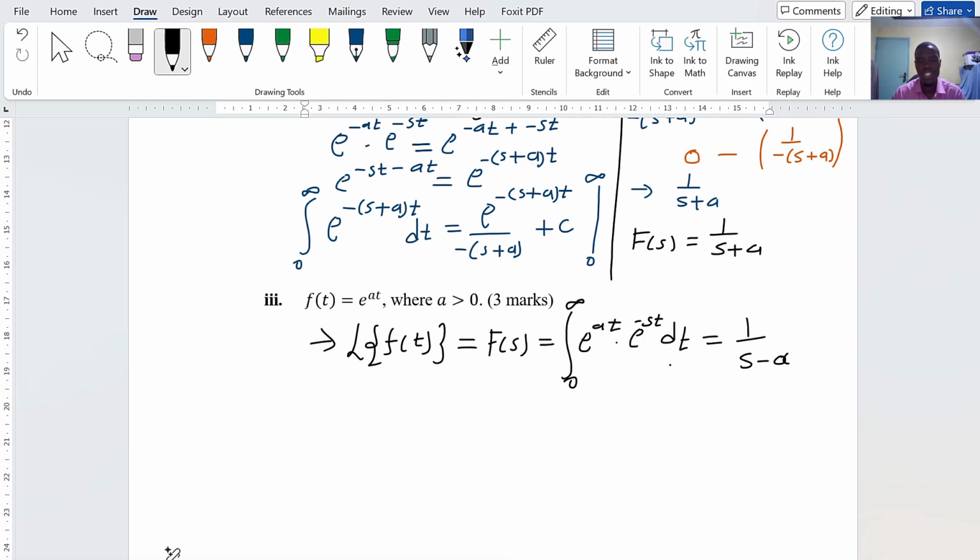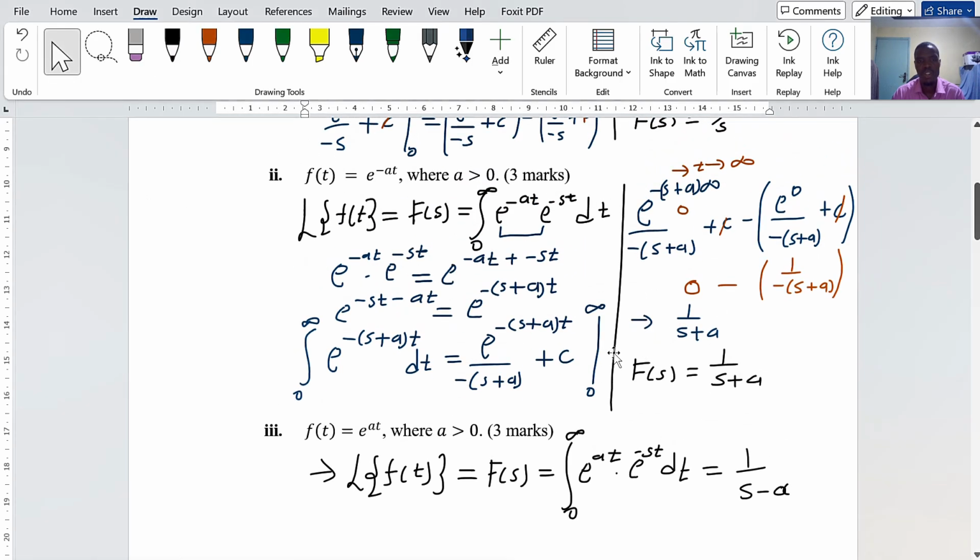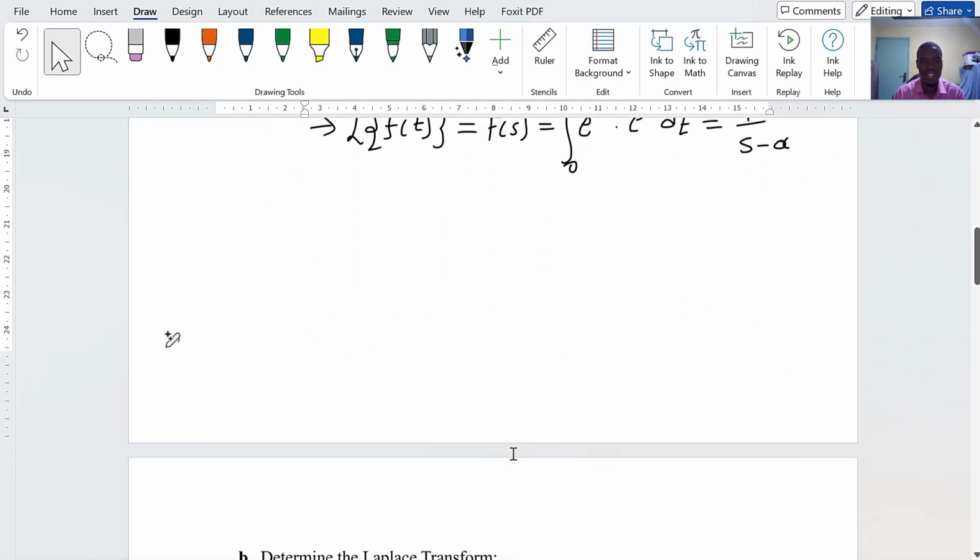I will not show this because it is simply the same steps here, but we only need to make sure we avoid the negative for this f of t, because it is positive. So since I know that f of t, e power negative at, is 1 over s plus a, then automatically e power at times e power negative st will be 1 over s minus a. You can confirm that.